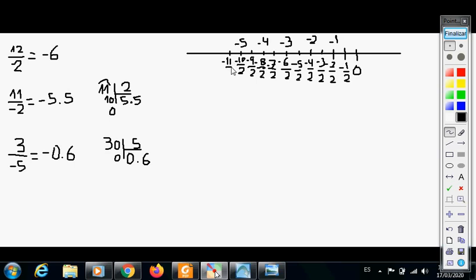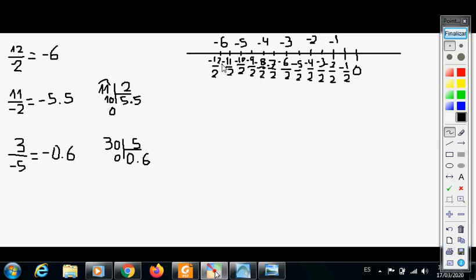We're about to get there. And finally, minus 12/2, which is equal to minus 6.